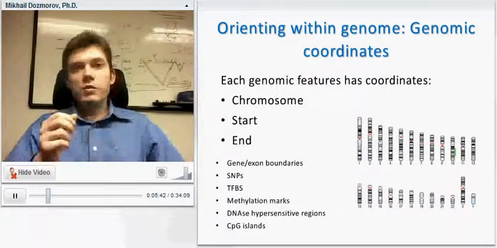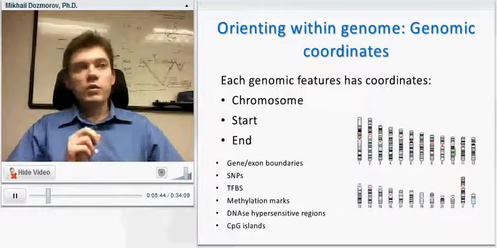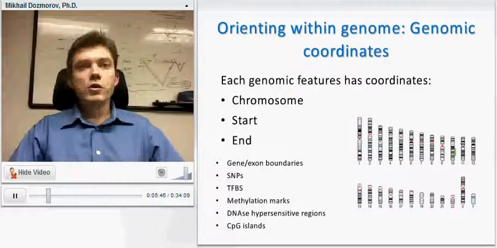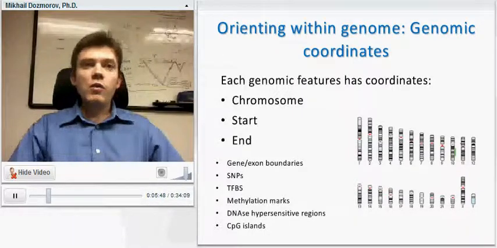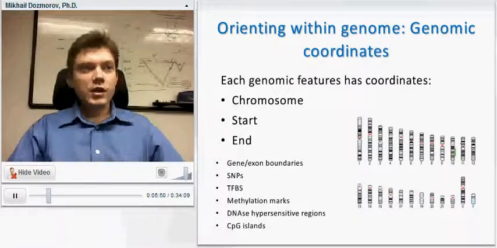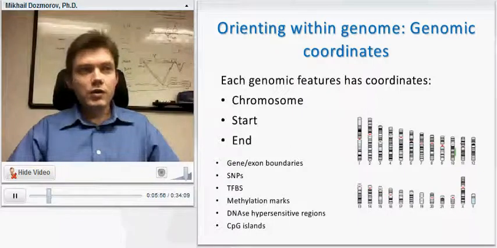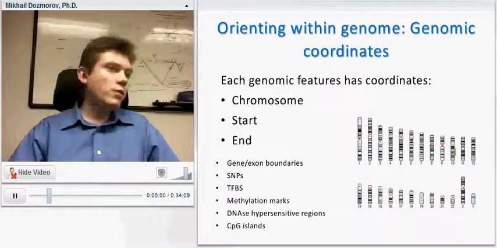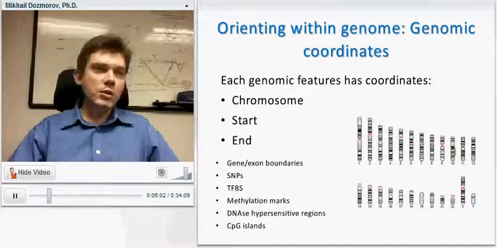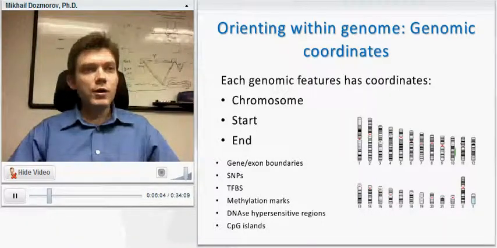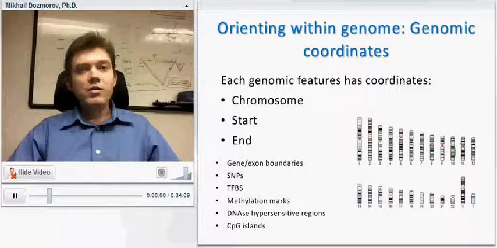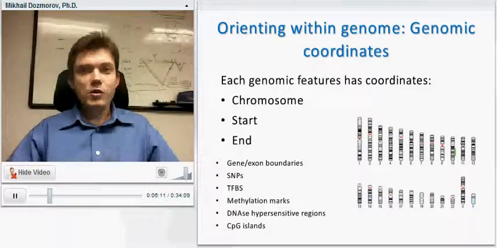We have to know in which chromosome a genomic feature is located, where it starts and where it ends. And by genomic features, I mean any genomic elements, genes and exon boundaries, single nucleotide polymorphisms, transcription factor binding sites, various methylation marks, DNase hypersensitive regions, CpG islands, you name it.